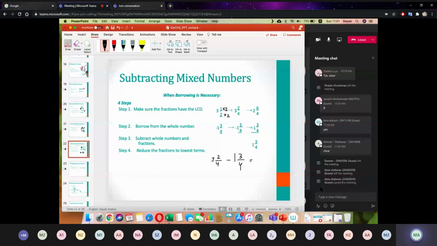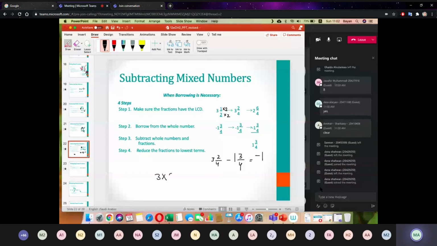So what should we do? We're gonna multiply 3 by 2, will give you 6. 3 times 2 will give you 6. And this 3 will be 2. So we'll have 2 with 6 over 4.